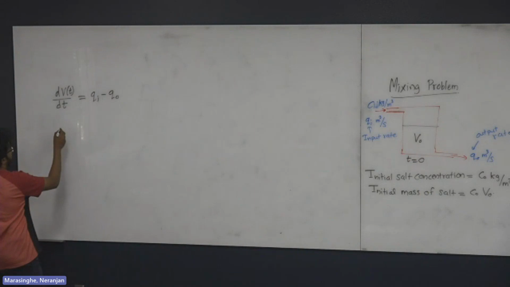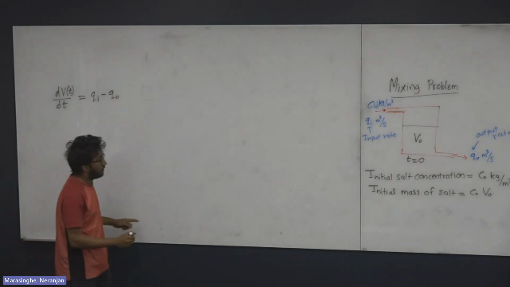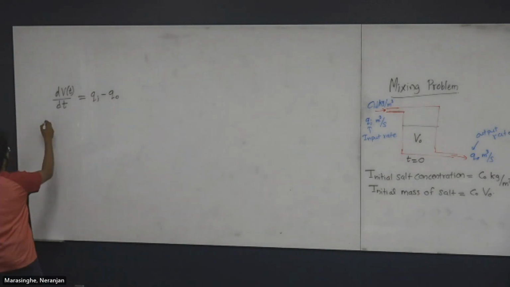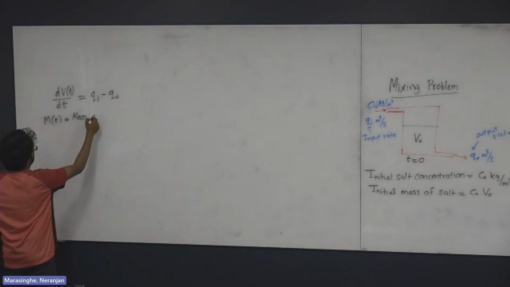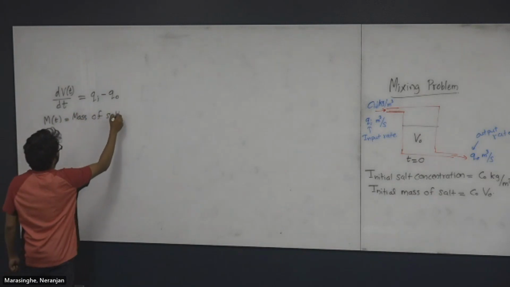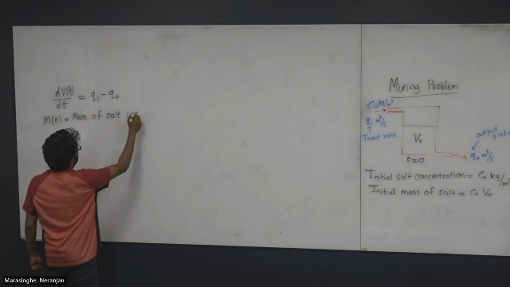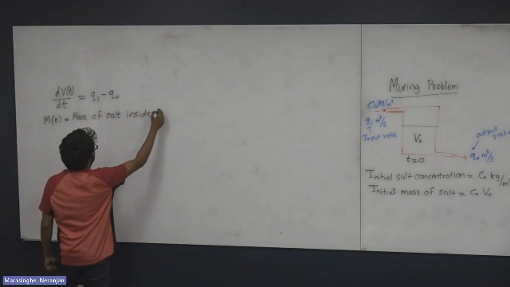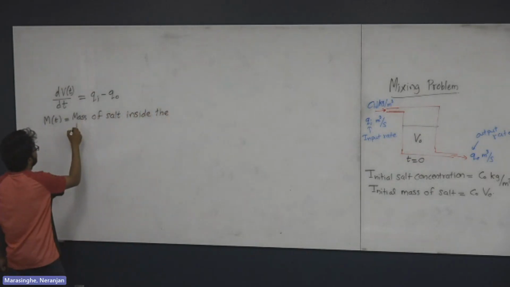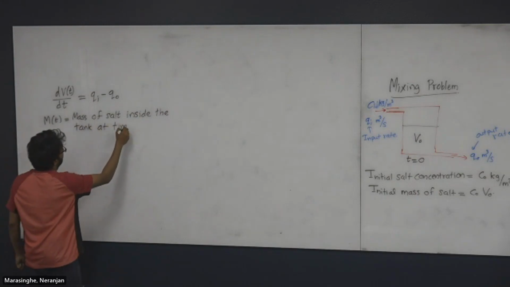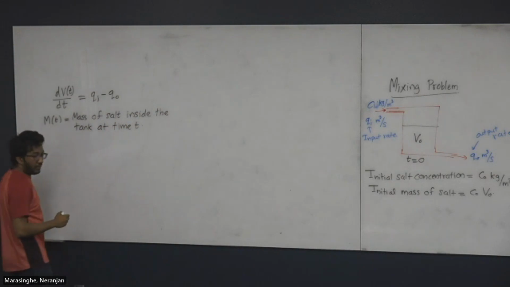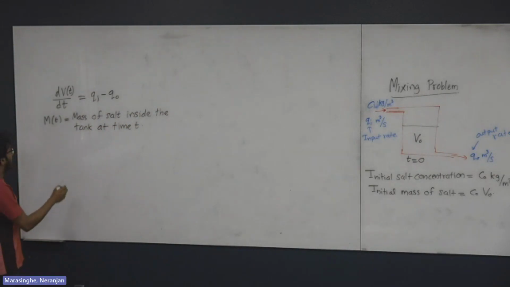Suppose M(t) is the mass of salt inside the tank at time t.